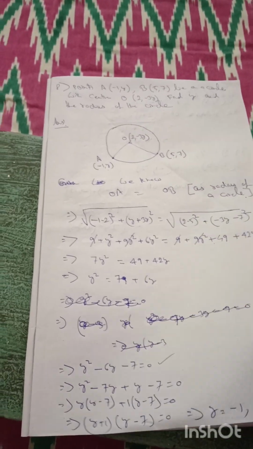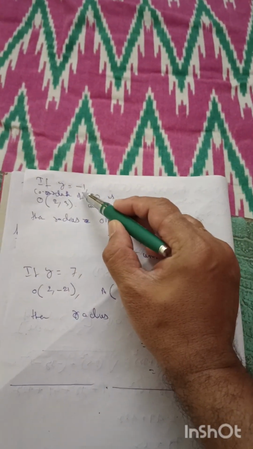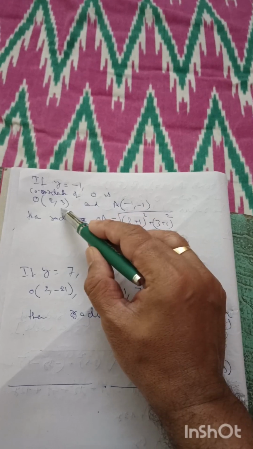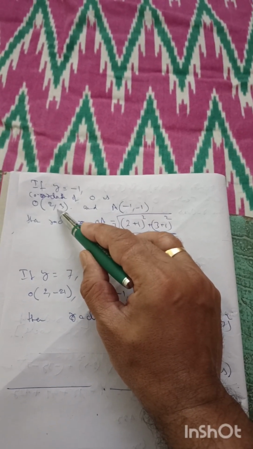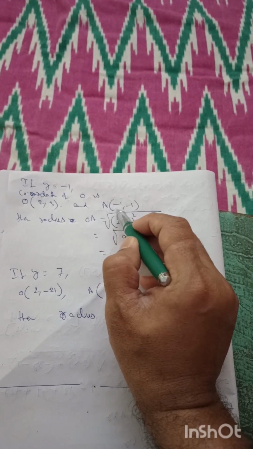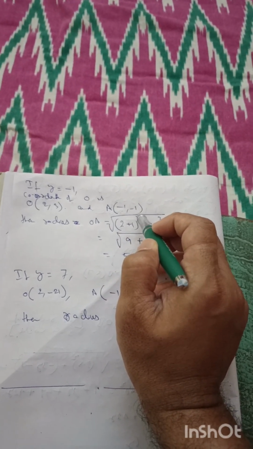Next, if y is -1, the coordinates of O are 2 and 3 and the coordinates of A are -1 and -1.